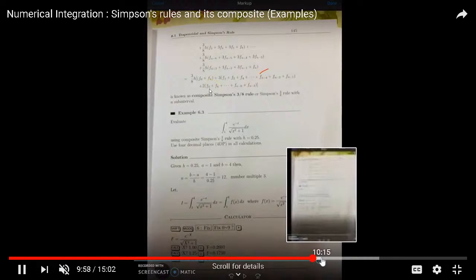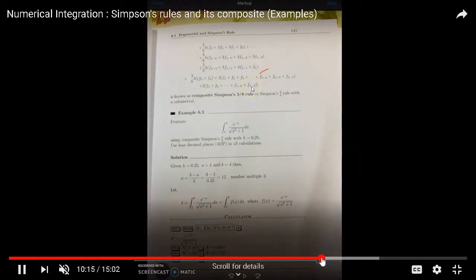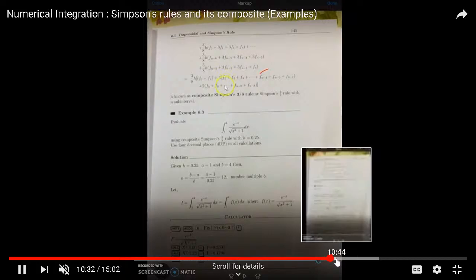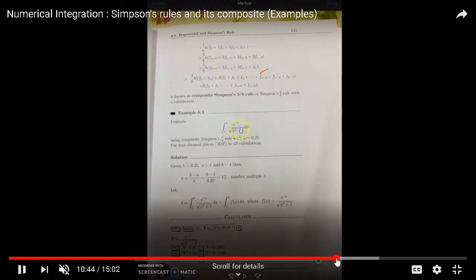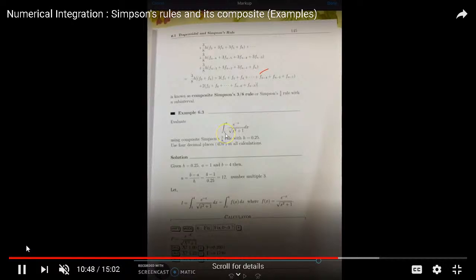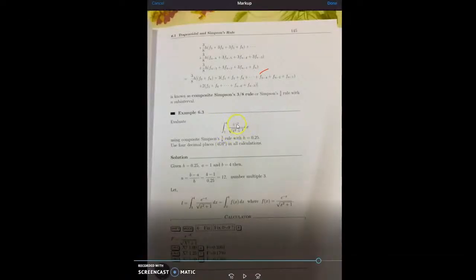So this is a formula that you need to remember. Till today, you know the formula of the trapezoidal rule, and also Simpson's rule with the composite, and now 3/8 Simpson's rule. So this is the F.